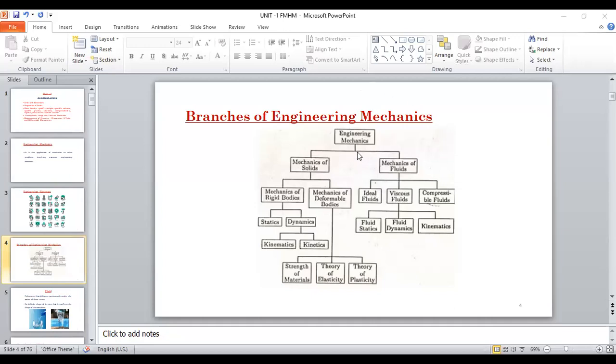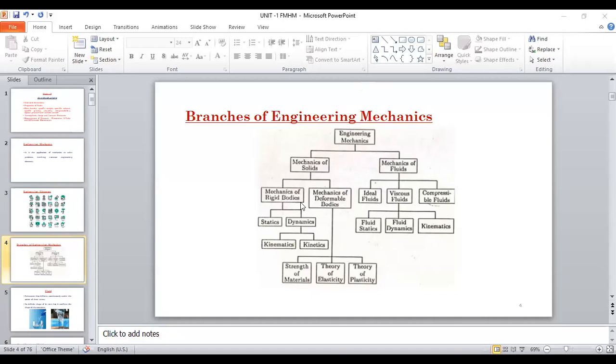Engineering mechanics is mainly classified into two things. The first one is mechanics of solids, and the second is mechanics of fluids. And again, these two are subdivided in this manner. Mechanics of solids has two types, that is mechanics of rigid bodies and mechanics of deformable bodies.